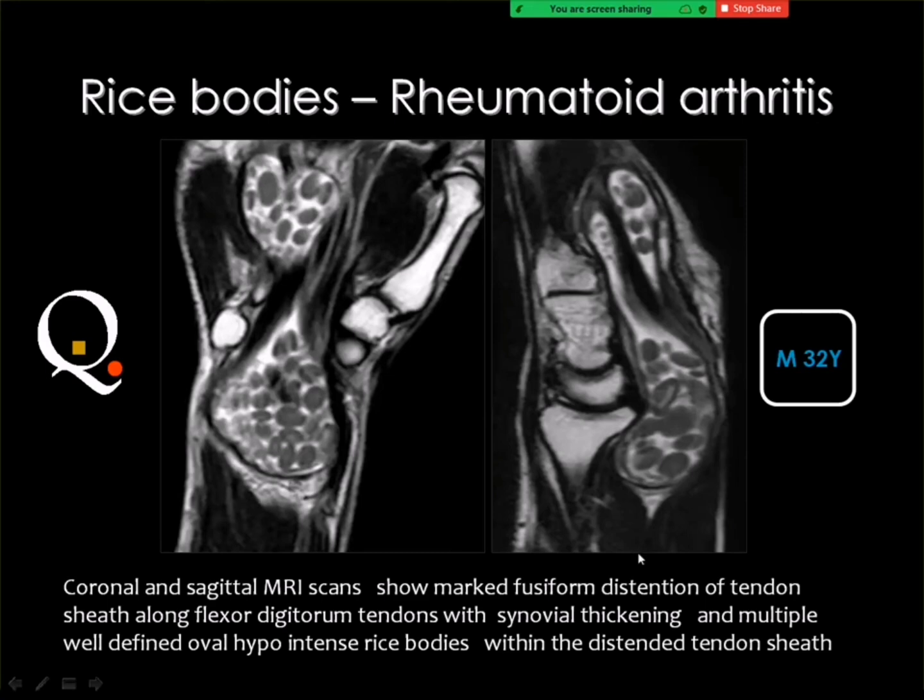But actually, whenever I see this case, I say that this is synovial osteochondromatosis because the lesions are very big to be described as rice bodies. But the answer, whenever you say that this is synovial chondromatosis, you are right.